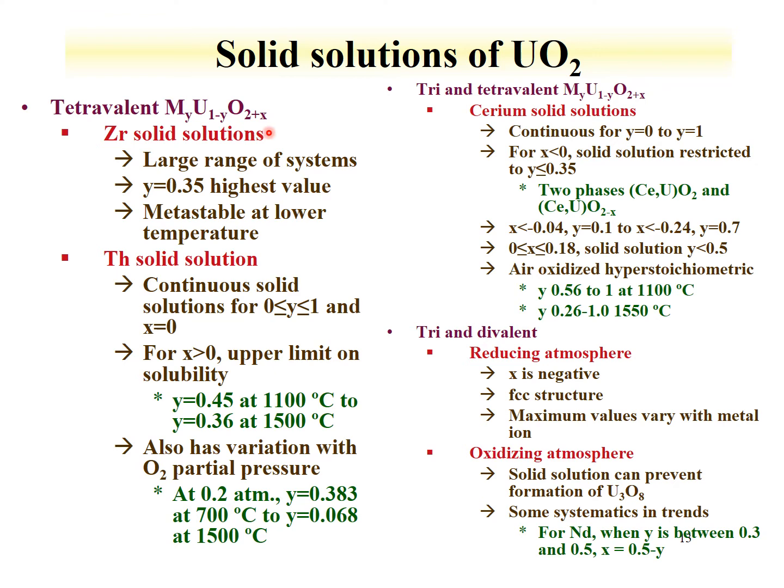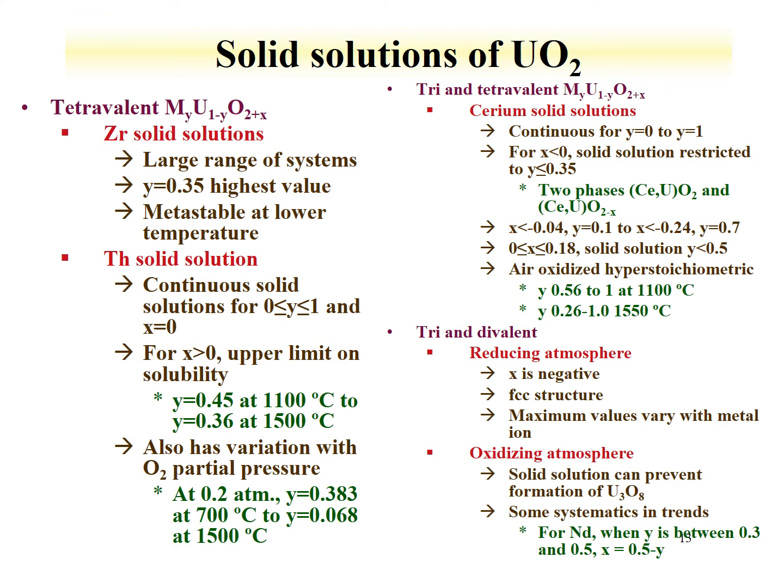Here's an example of compounds that make solid solutions with UO2. Zirconium, for instance, makes a solid solution up to a certain level, after which, when more zirconium is added, it forms a separate phase. This is because zirconium has a much smaller ionic radius, so when you add enough, it no longer fits comfortably into the uranium dioxide lattice and forms its own.